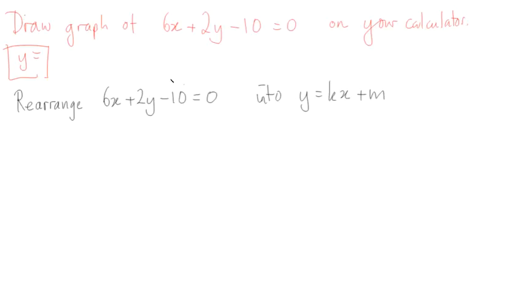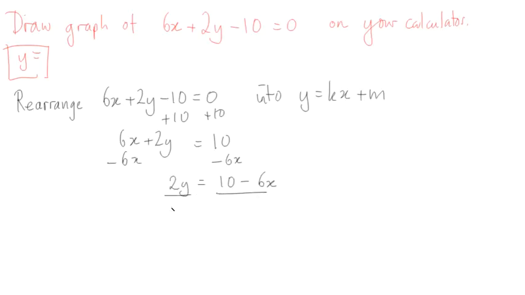So I want to get rid of this minus 10. Let's add 10 on both sides. So I have 6x plus 2y equals 10. Now I want to subtract 6x from both sides. So I get 2y equals 10 minus 6x. And then I want to divide both sides by 2.